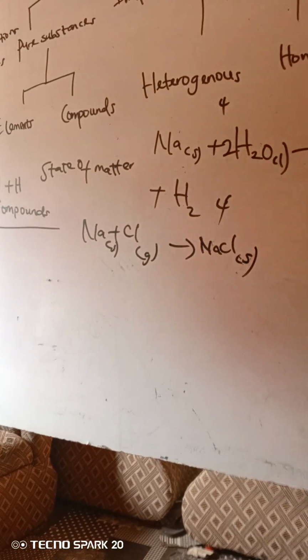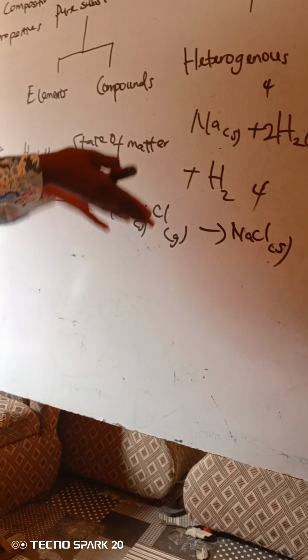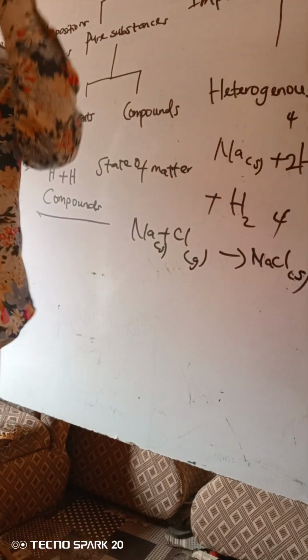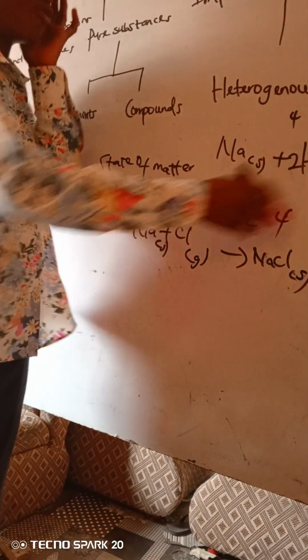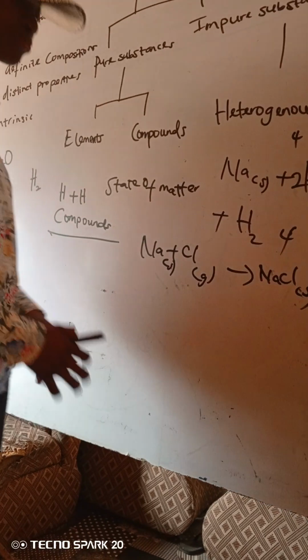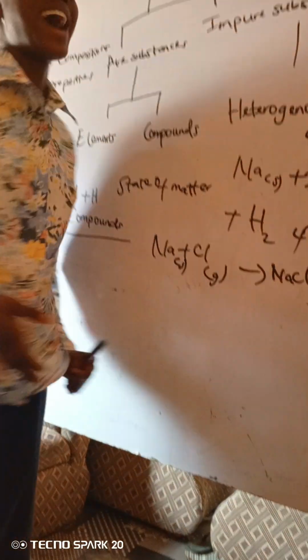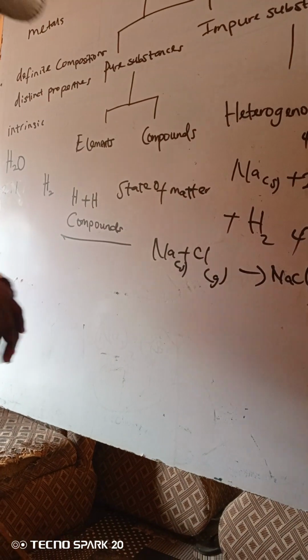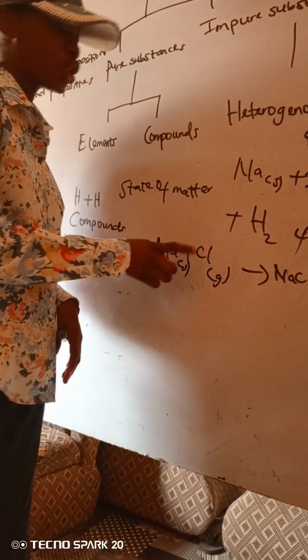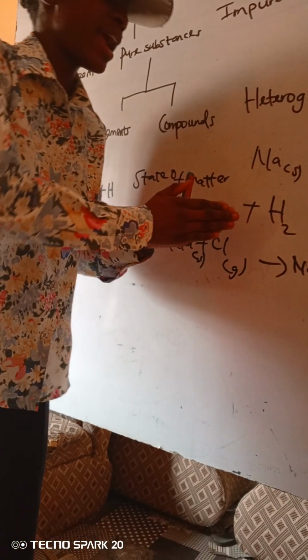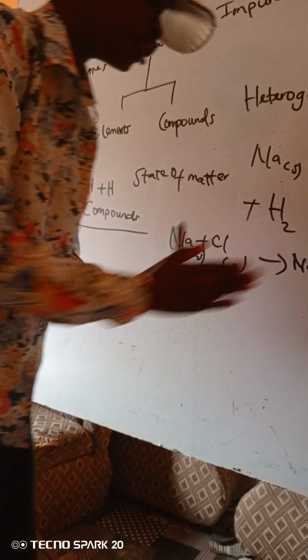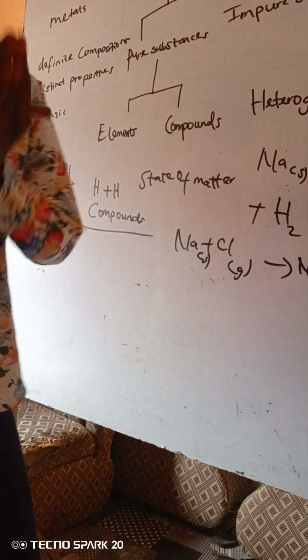Aqueous form is the solution, while the solid form is what it is normally composed of. When we have water, it's now a mixture. Sodium chloride has its own properties different from sodium and chlorine. It is now a new compound or a new substance by itself.